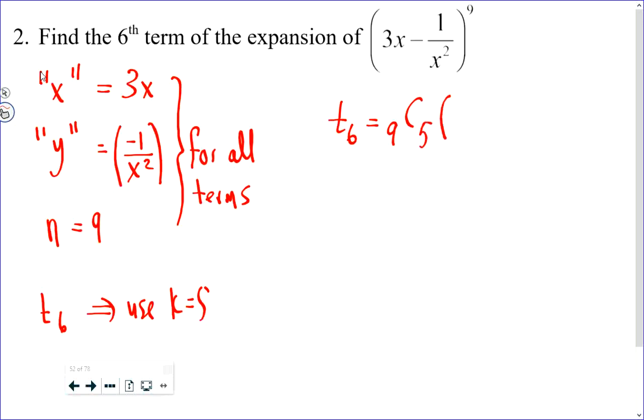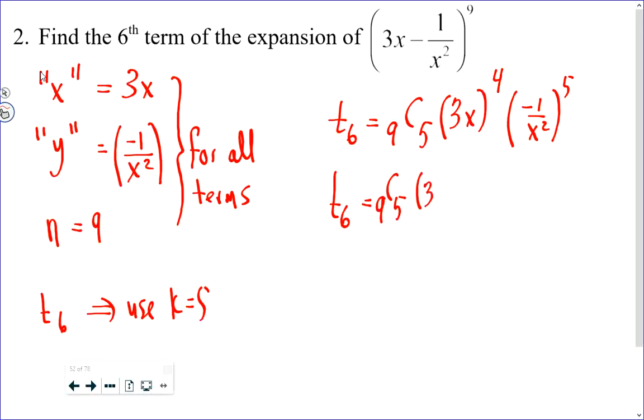Then we're going to have our x, which is 3x, raised to an exponent. We're going to have our y, which is negative 1 over x squared, raised to the key number. And the exponent on x has to add to the key number to get n. It's got to be 4. This means that your sixth term will have a 9 choose 5 contributing to the coefficient.